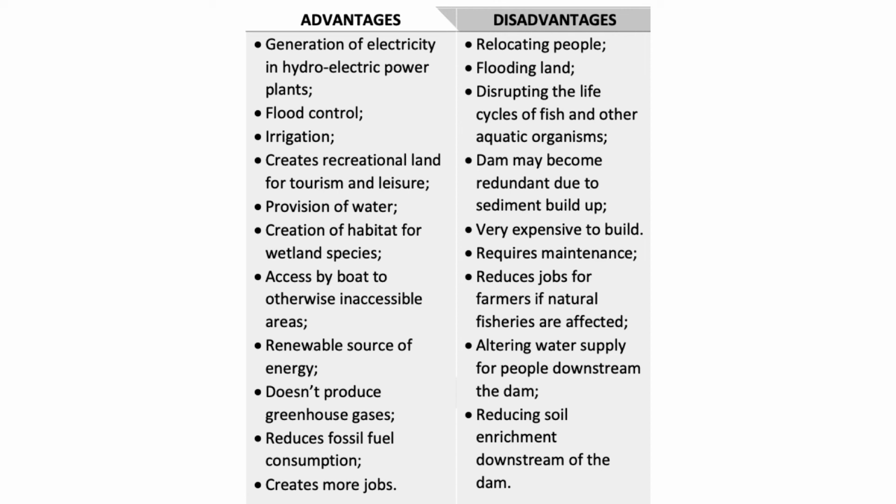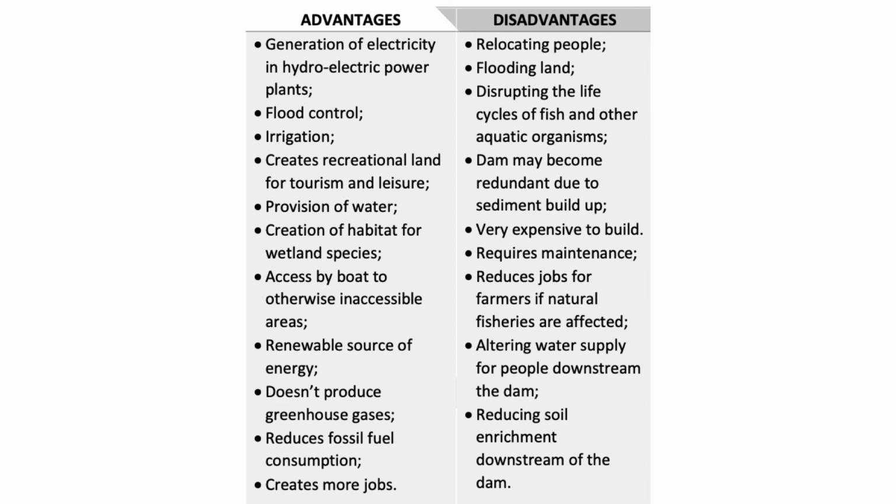So it requires maintenance; the government has to always maintain the dam. It also reduces jobs for the farmers, especially when it comes to fishing. When there is a reservoir behind the dam and they disturb the aquatic life, as a result the farmers are unable to harvest the fish.